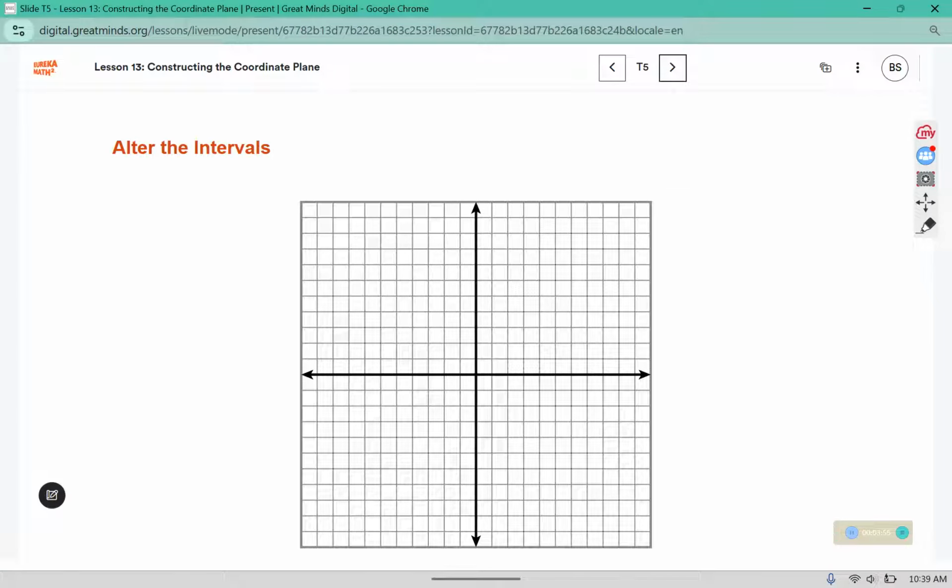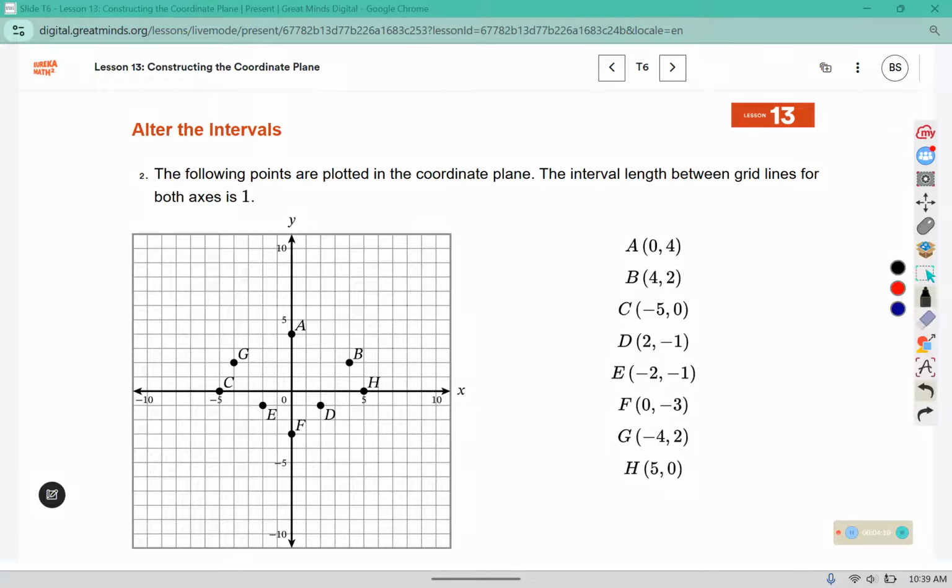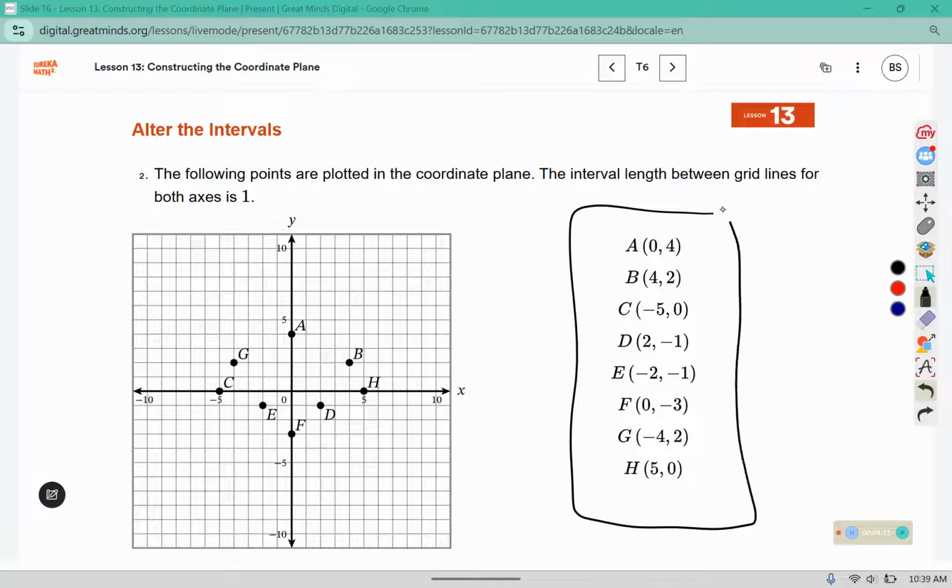In our lesson, we're going to look at a set of points to graph on the coordinate plane. We're going to change the interval that we count by on the x and y axis, but graph the same set of points. So here is that list of points with their coordinates. In this graph, you can see they counted by 1s.